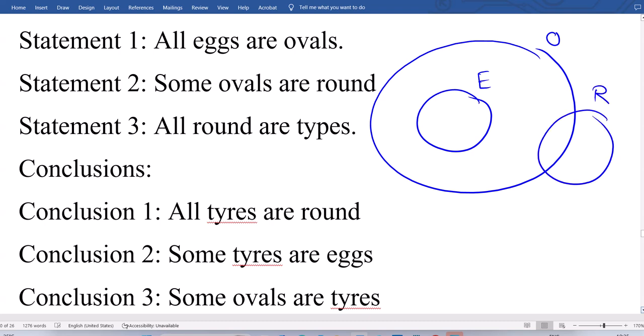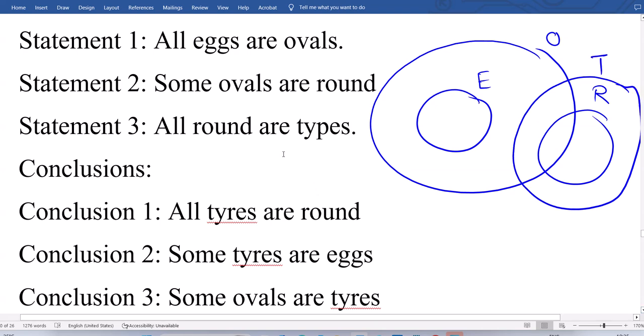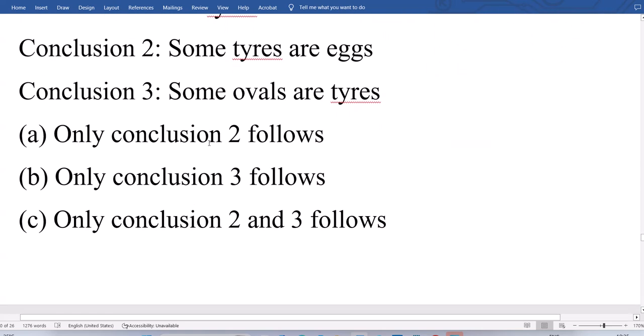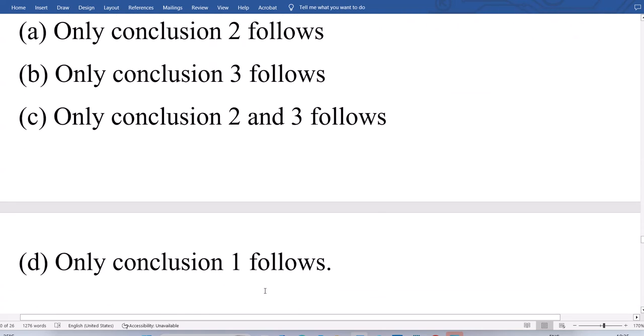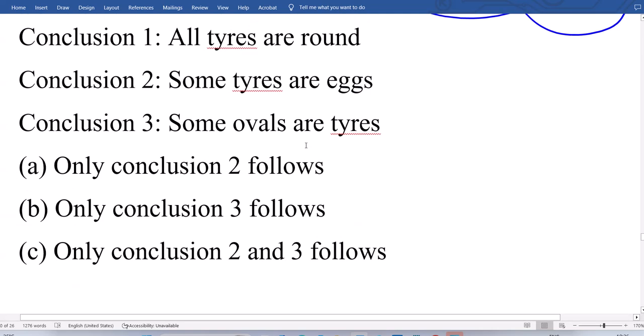All round are tight. So one diagram, okay. Again, I am showing you the options before deciding. Here also: only two, only three, only one, only two and three follow. Definitely one among these must be true, that we can sense. None follows is not there. One must be true minimum, as per the options we can observe.